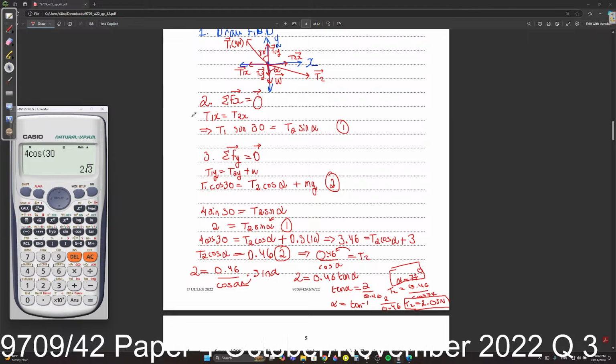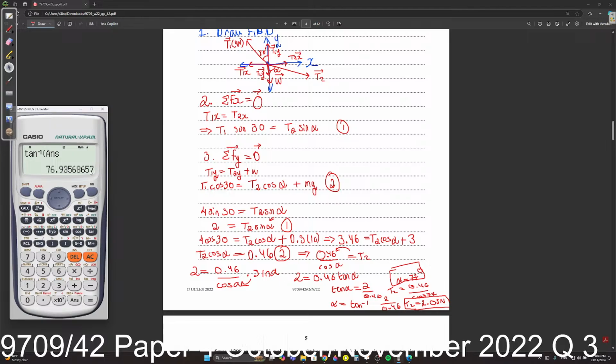I should have kept it as 2 root 3. So if I did 2 root 3 minus 3, I'd get this. Okay, so 2 divided by this, and then shift tan of this.